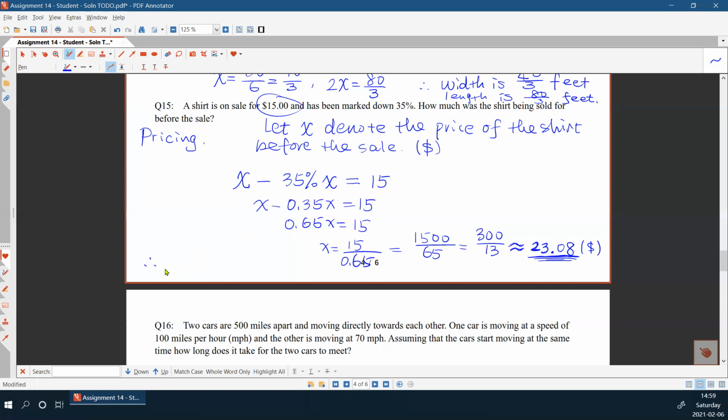So here the conclusion is, you can say that the original price is $23.08. Correct? So this is a pricing problem. Okay, any questions?